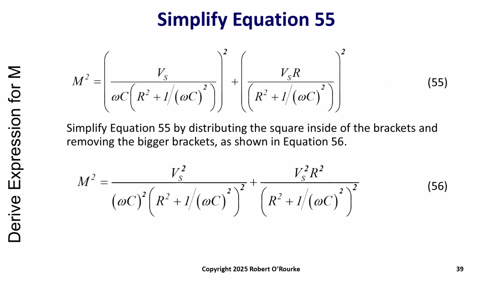We can simplify equation 55 by moving the square terms on the quantities in large brackets to the inside of the brackets, resulting in equation 56, which no longer has those larger brackets.